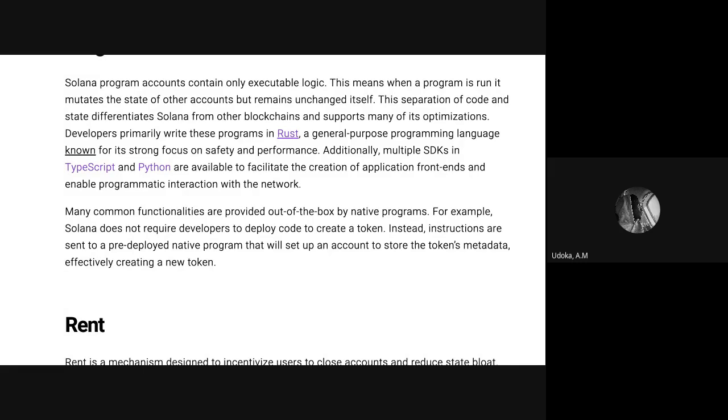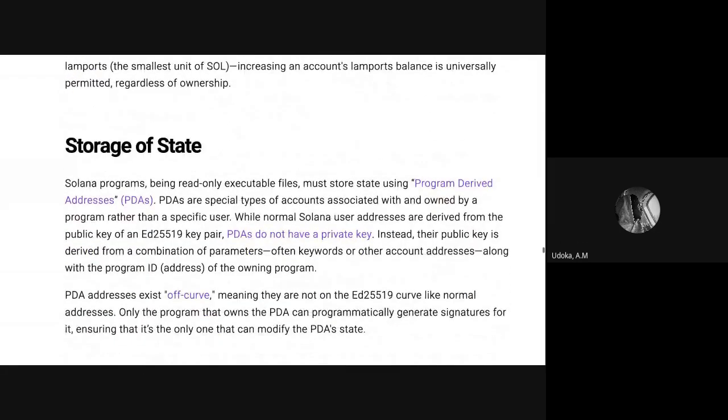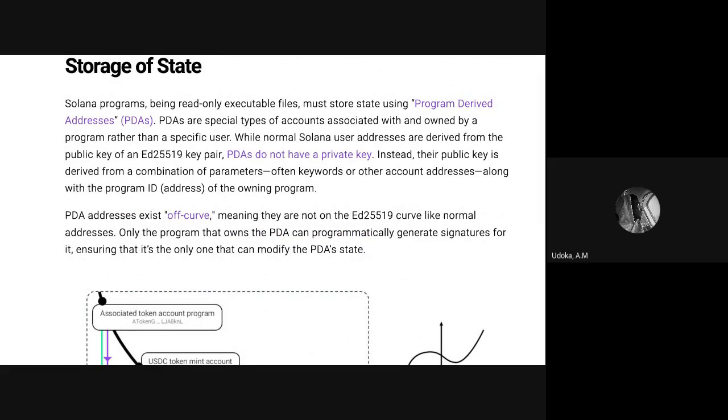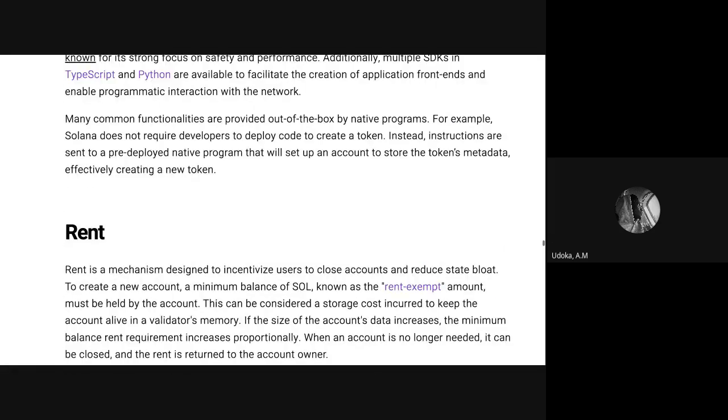They don't hold information, but they actually change state when they are executed, because they are running an instruction on the infrastructure layer of the program itself. Now, a variation of it is a PDA. What are PDAs? PDAs are basically accounts that are owned by program accounts.